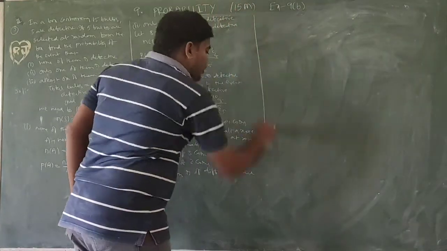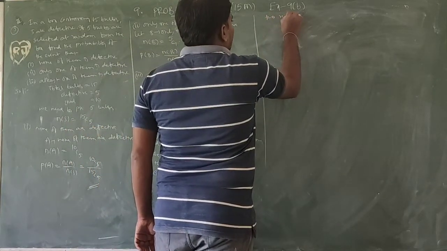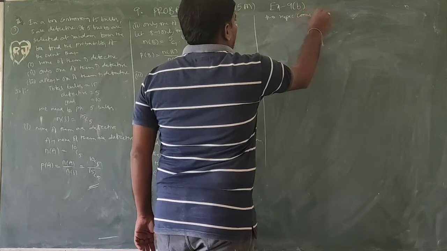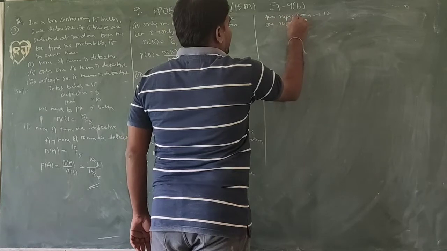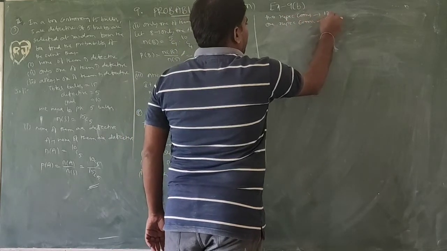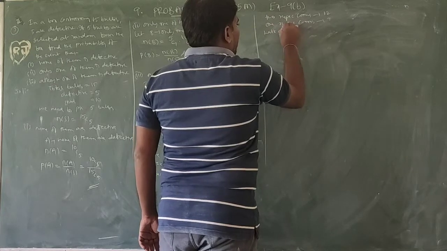So I want to write the information given. 2 rupee coins, how much? 12. 1 rupee coins, 7. Half a rupee coins, 4.